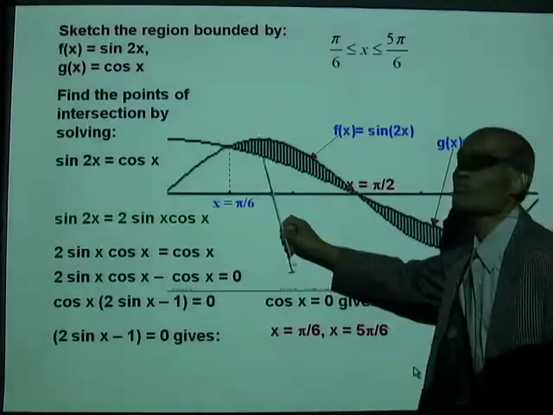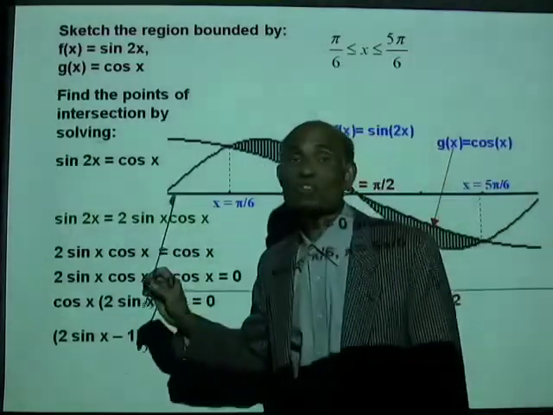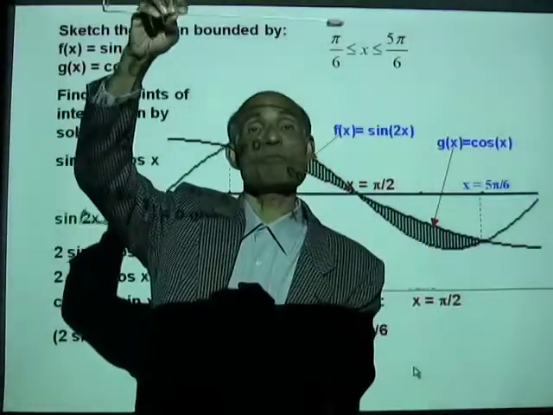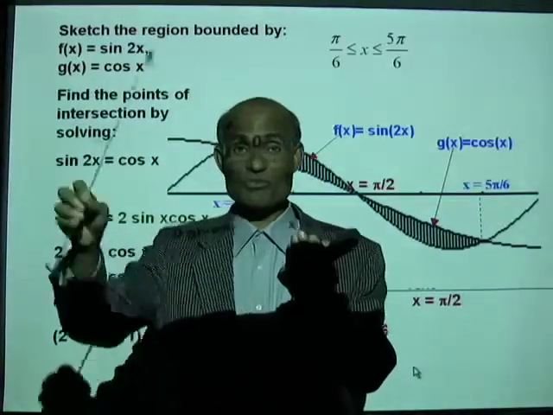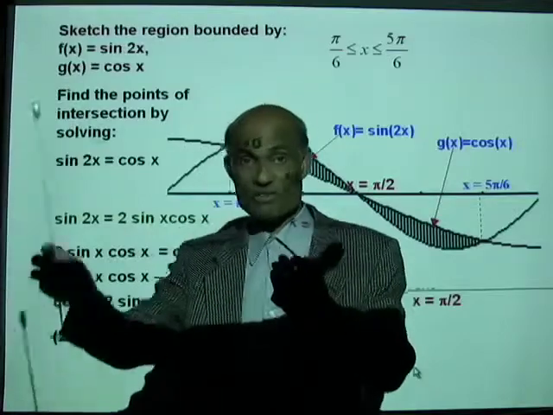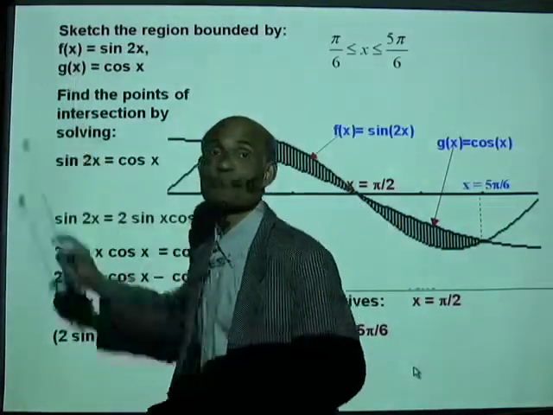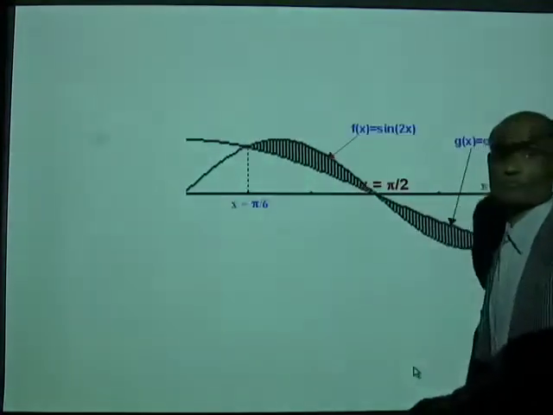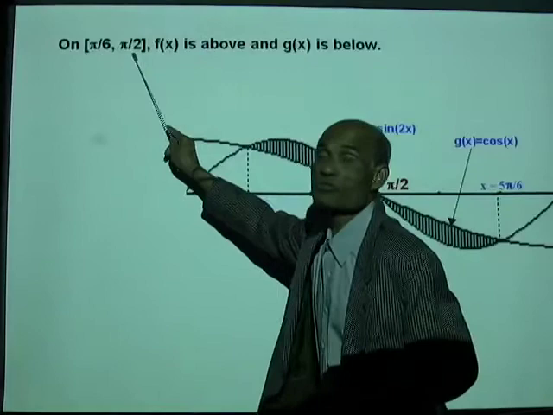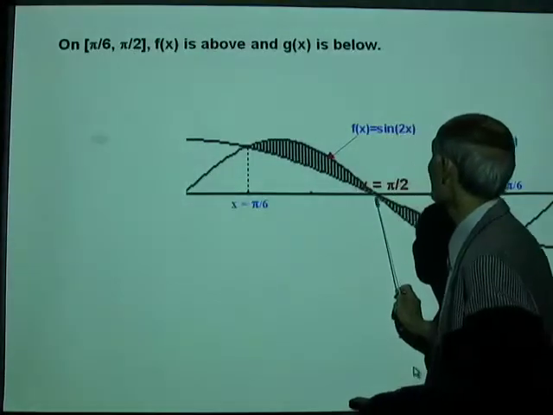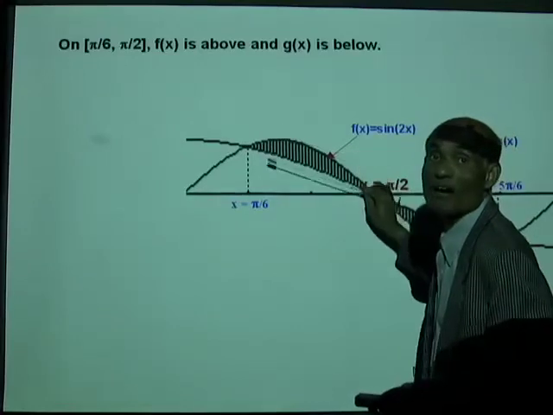And so, how do you find the enclosed area? Now remember, these are functions of x, which means the upper function minus the lower function. Don't confuse it with functions of y as the right function minus the left function. Here we have the functions of x. So, on pi by 6 to pi by 2, if you take this boundary, f of x is above g of x.